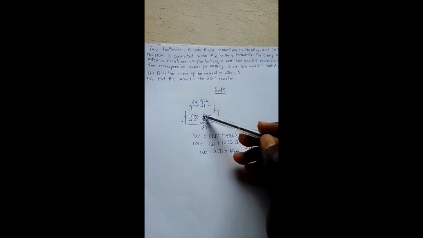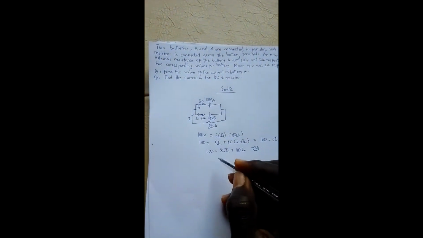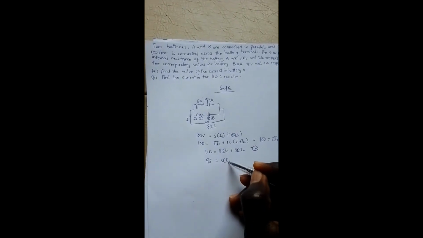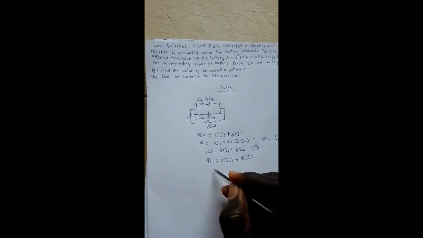Now for the second part, I'm going to take this loop. I'll move from here, I'll move up, I'll come here, and this is another loop I have as my second loop. For the second loop, I have the voltage source to be 95, and it's equal to a drop here, which is 3 multiplying I2, plus finally the 80 by I. So this will also give me 95 is equal to 3I2 plus 80I1 plus 80I2.